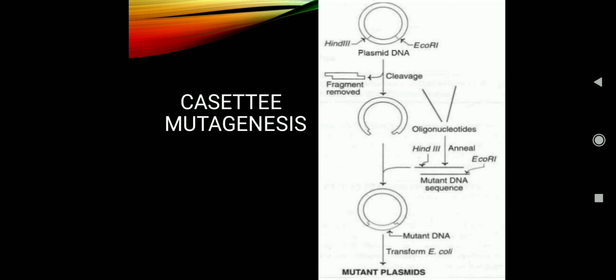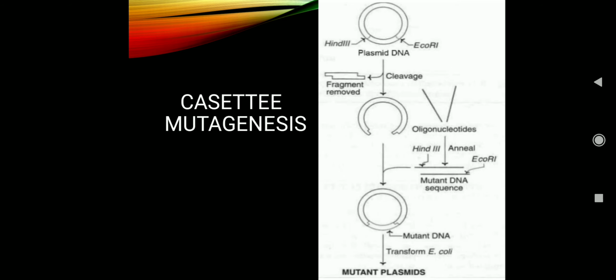So here we are not going to use a primer. Here we are going to use an oligonucleotide fragment, which is a double-stranded oligonucleotide fragment in which we have caused a mutation. So the double-stranded oligonucleotide is synthesized in which a mutation is present.